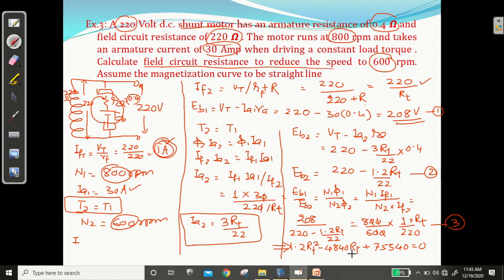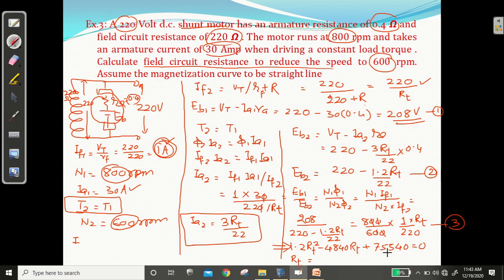दो वैल्यू मिलने वाली, एक नेगेटिव आएगी, एक पॉजिटिव. So I'm not interested in the negative value. So I'm just using the calculator. I'm going to find the value of RT. So I am interested in the positive value of RT. So I'm getting RT equal to, just wait, I'm going to use the calculator. I'm getting minus B, this is A, B, C. So by using the calculator I'm getting दो इक्वेशन मिलने वाले हैं.